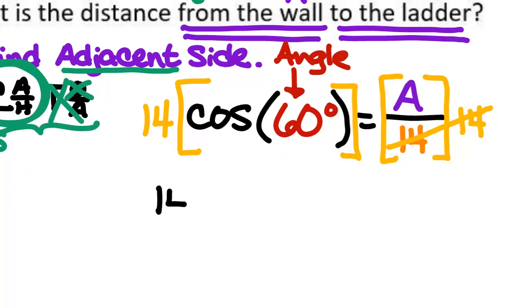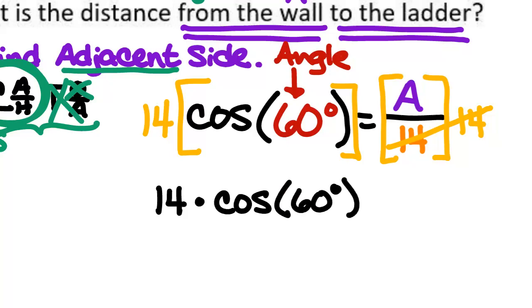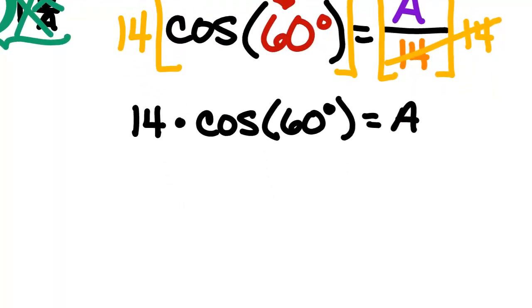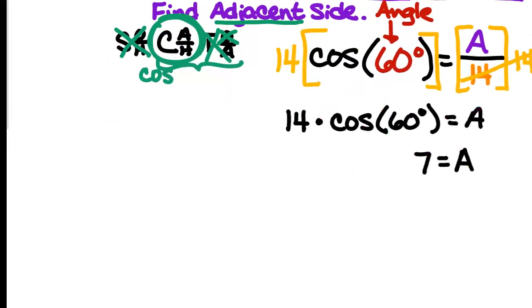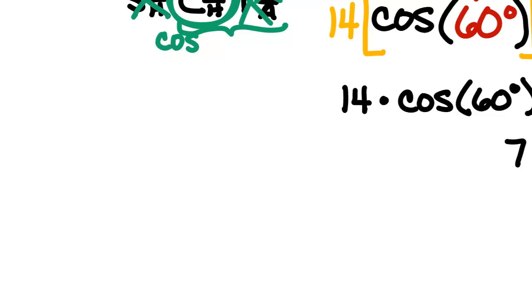We're going to do 14 times the cosine of 60 degrees. 7. Any decimals? No, just 7, a whole number. So then I would say the wall is 7 feet away from the ladder.